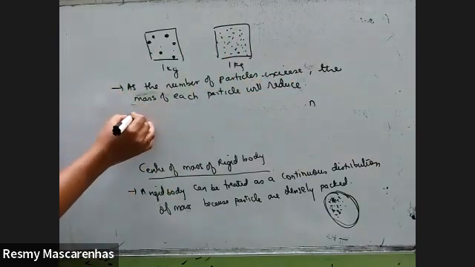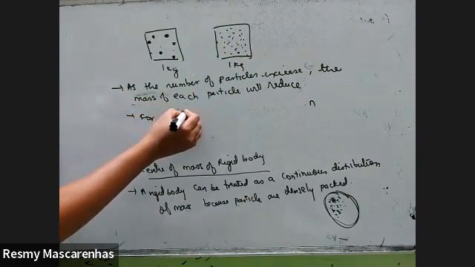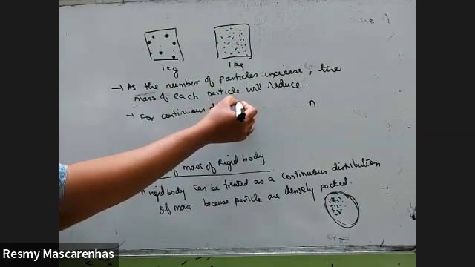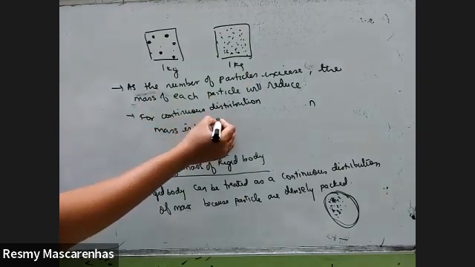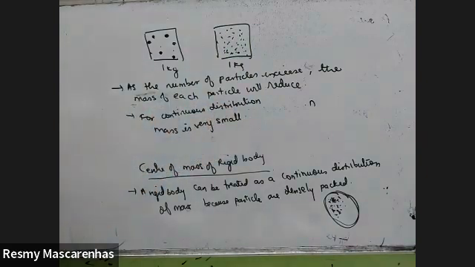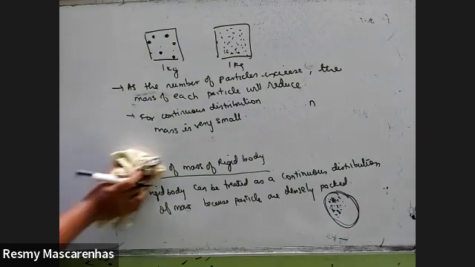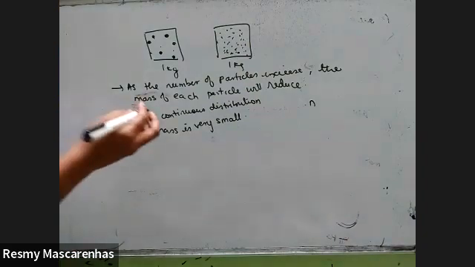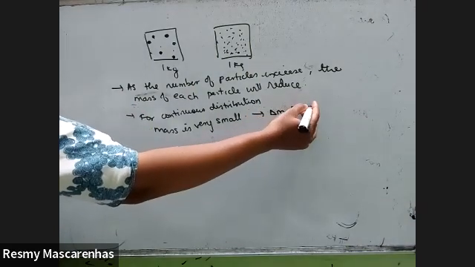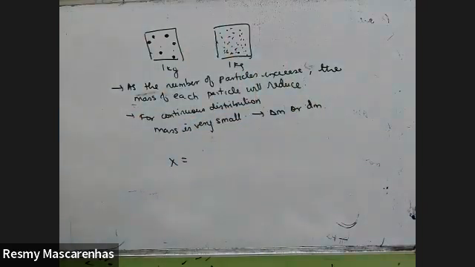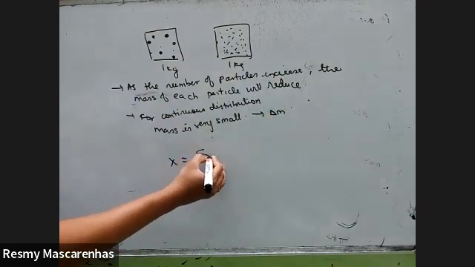So for continuous distribution, very close to each other, mass is very small. So what will be x? x will be, we can take it as delta m, or you can use it as dm. You can use delta m. So what will the formula look like?